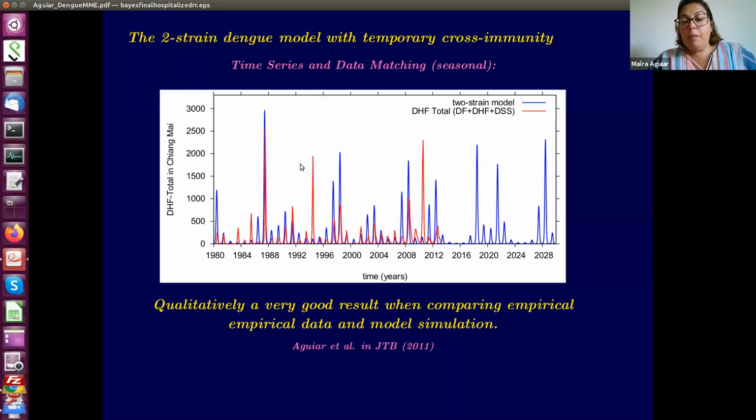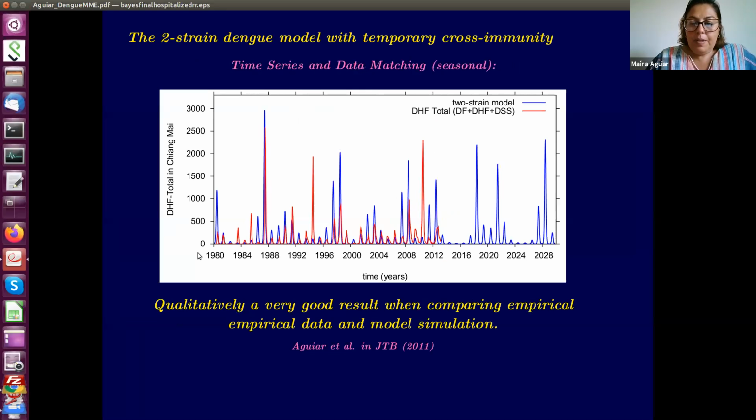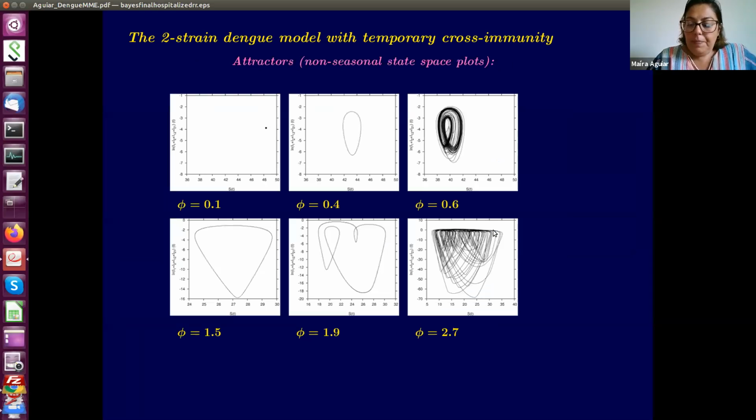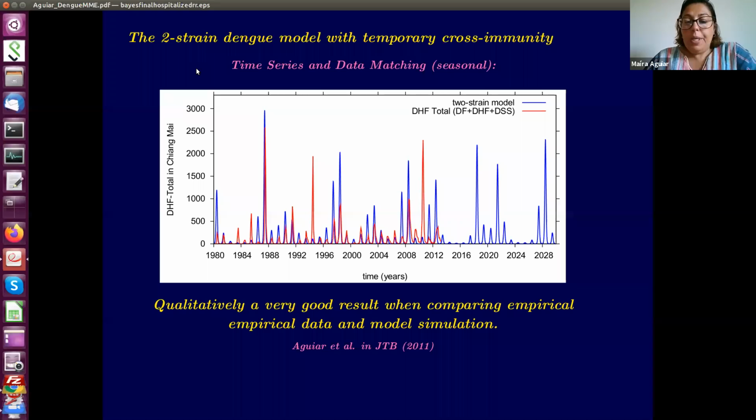Okay, so in terms of Lyapunov exponent, we did an exercise, and now it's already using the seasonal model. We have the same Lyapunov exponent that we have calculated for the non-seasonal. Oops, we calculate for the seasonal.